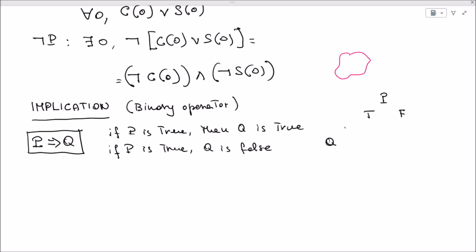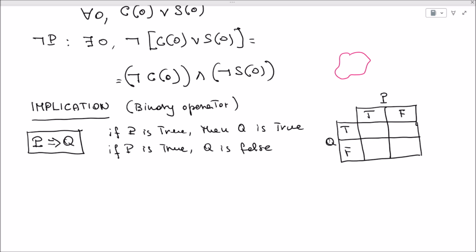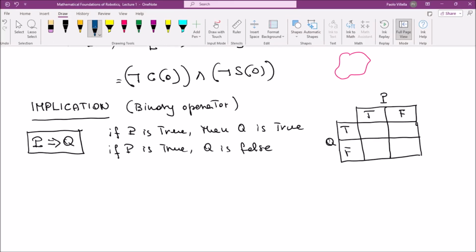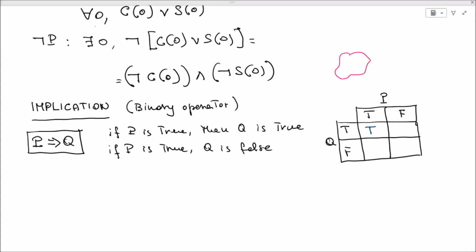For Q, two possible values, true and false. And as always, let's build the truth table. So we said that if P is true and Q is true, the implication is true. If P is true and Q is false, the implication is false. This is just like saying it is not true any longer that P is a sufficient condition for Q.